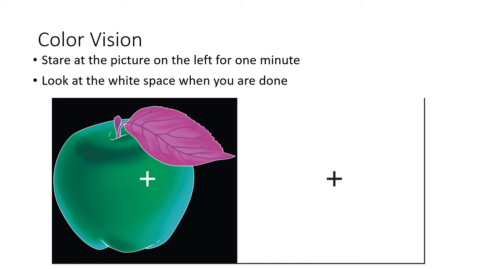in your visual field, the cones and ganglion cells are activating in such a way, specifically the ganglion cells, that you're activating green in one area, red in the other.